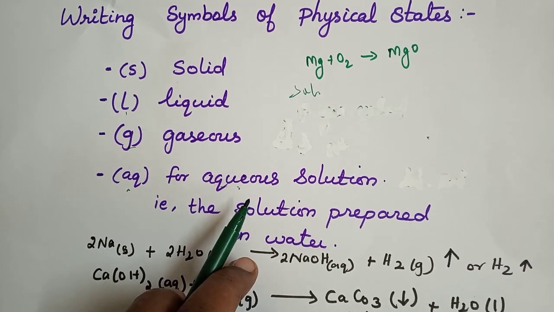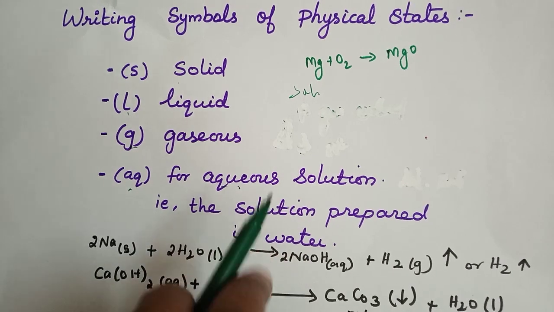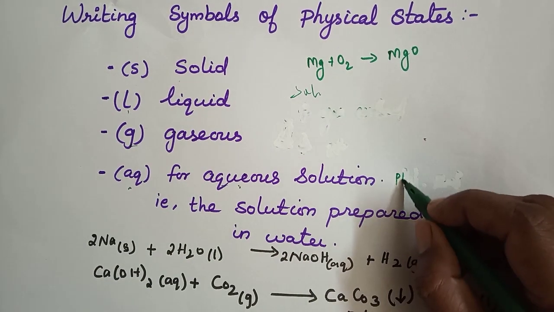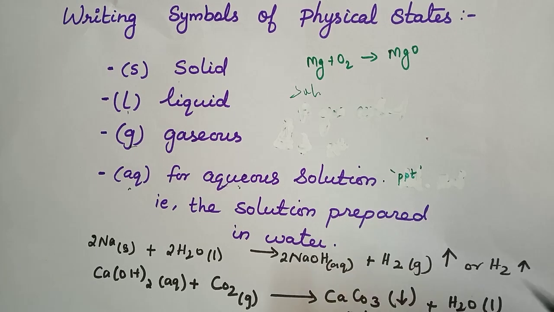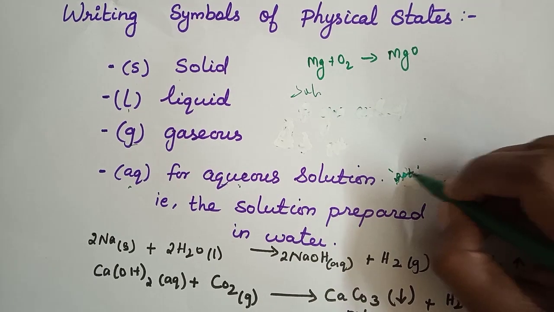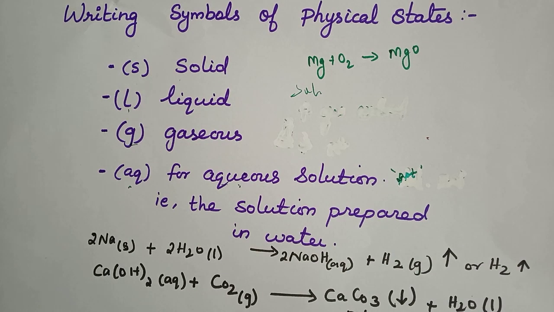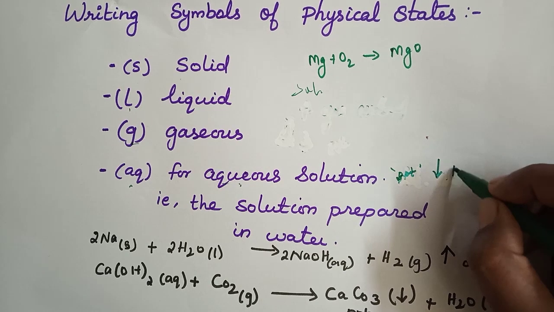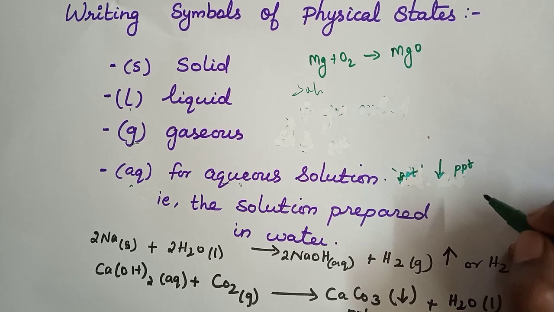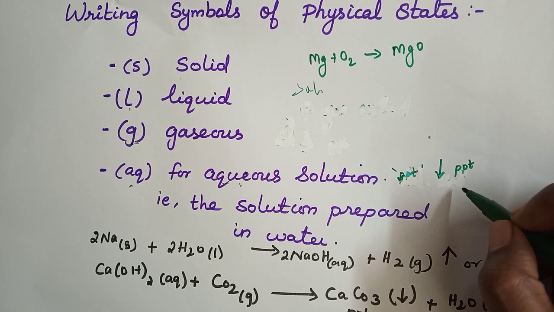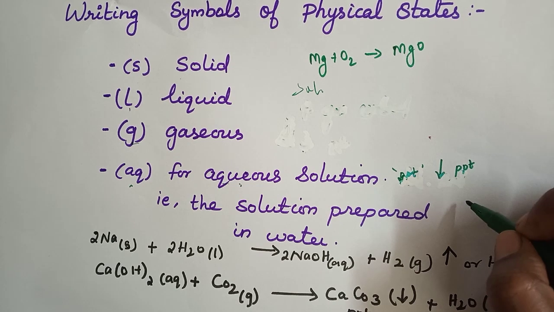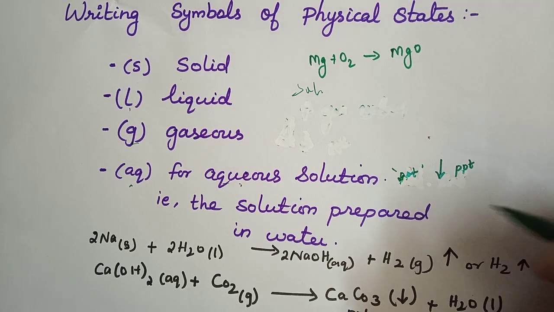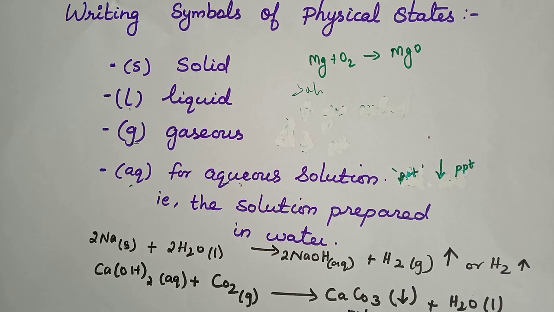And aqueous solutions we can write AQ. Precipitate we have to draw like this, or we can write precipitate. In the reaction, if we are getting any precipitate, that means it will not mix with the water, we will get a new product.